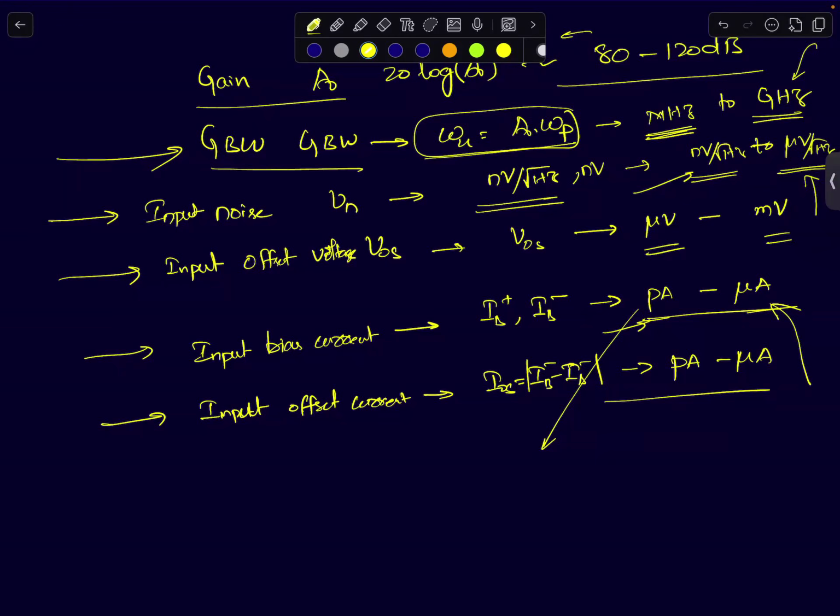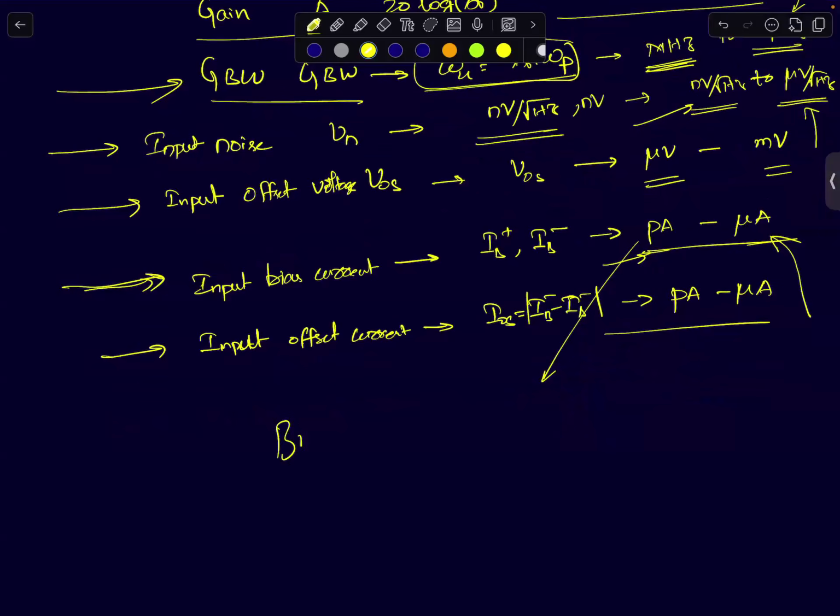But generally, BJTs offer better speed performance. But you will have a problem of input bias currents. So you might have heard of this word called BiCMOS, where they use both bipolar transistors and MOSFETs. They use bipolar transistors to get the bandwidth, and they use the MOSFETs to lower the input bias currents.